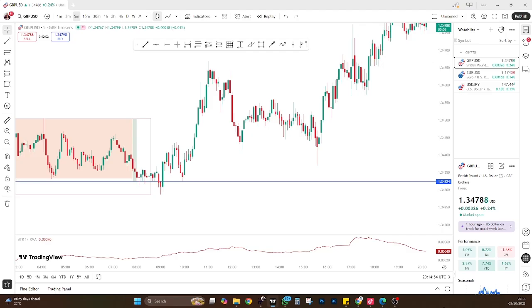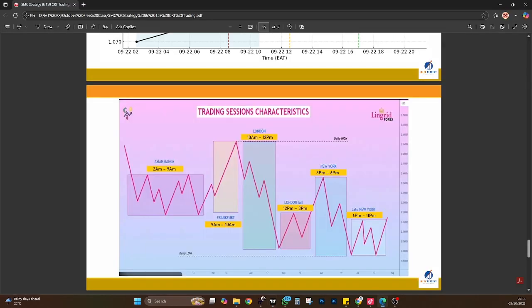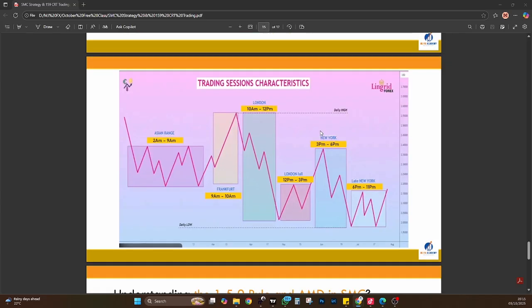So before we go, I want to show you this last thing and then we move. I'm going to send you this in our folder. I'll put this PDF so that you can go through it again. This explains exactly what I have taught you: Asian range, manipulation, distribution.